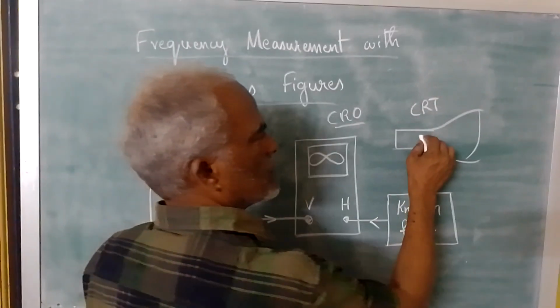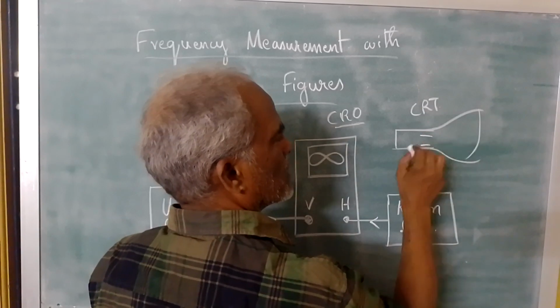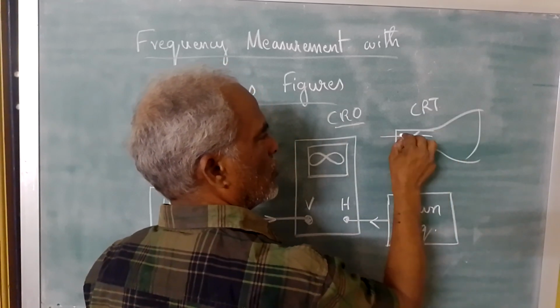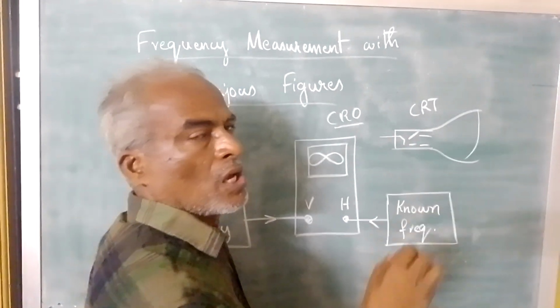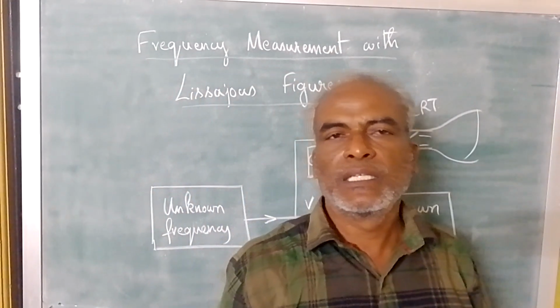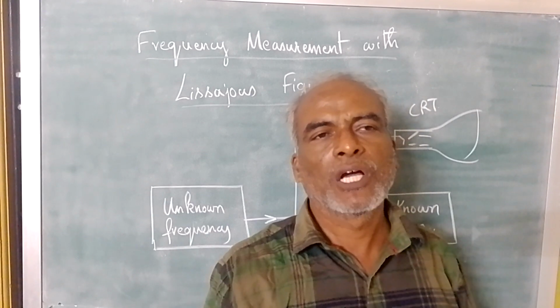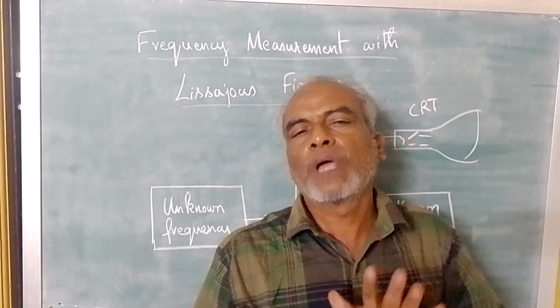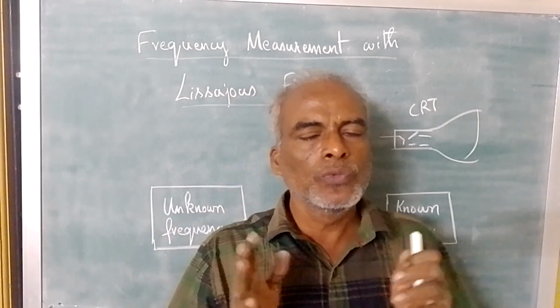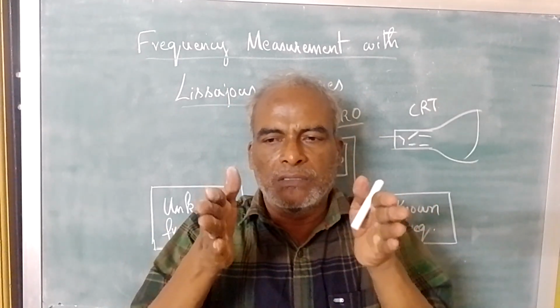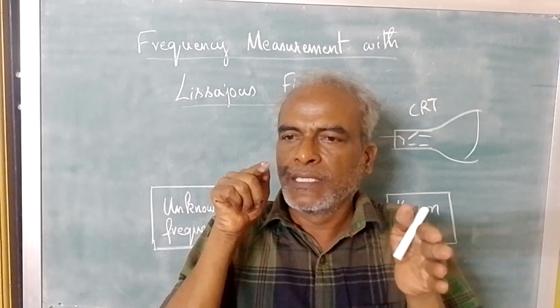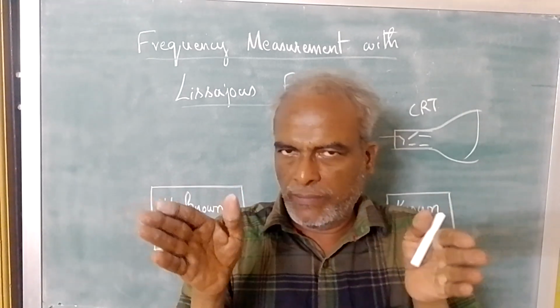So it has horizontal deflection plates and vertical deflection plates. Here you will have the cathode, a filament to heat the cathode, control grid, screen grid, accelerating grid. Then you have two horizontal deflection plates, which deflect the electron beam horizontally.